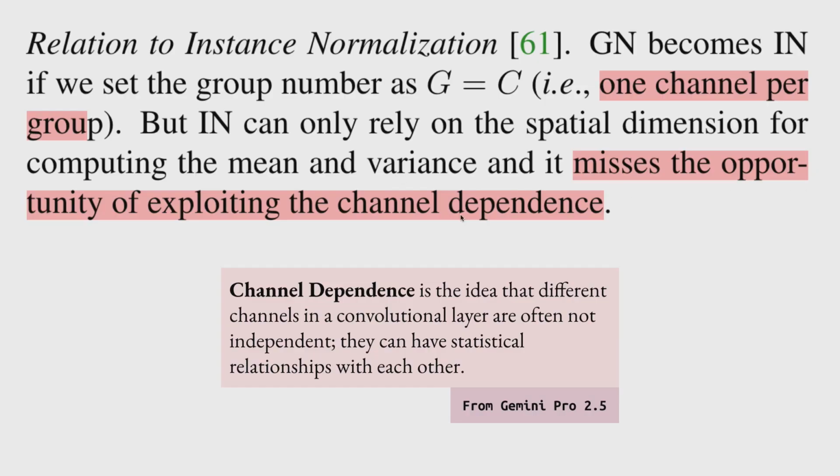It misses the opportunity of exploiting the channel dependence. So this idea that there's these inherent groups of channels where a set of channels are about shapes, a set of channels are about textures, a set of channels about illumination, and so on. And Gemini says channel dependence is the idea that different channels in a convolutional layer are often not independent. They can have statistical relationships with each other because there's something about them that relates. Maybe slanted lines and horizontal lines have some shared notion of horizontalness of a feature.